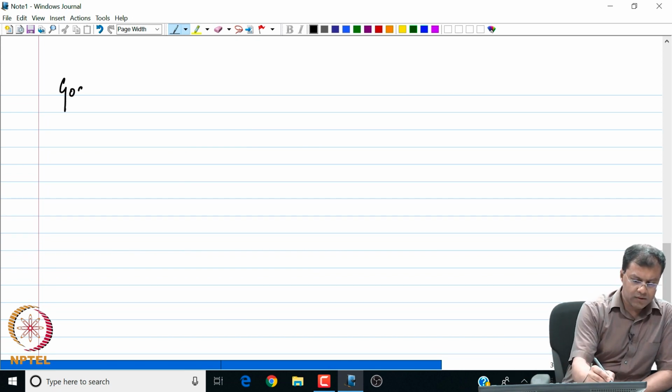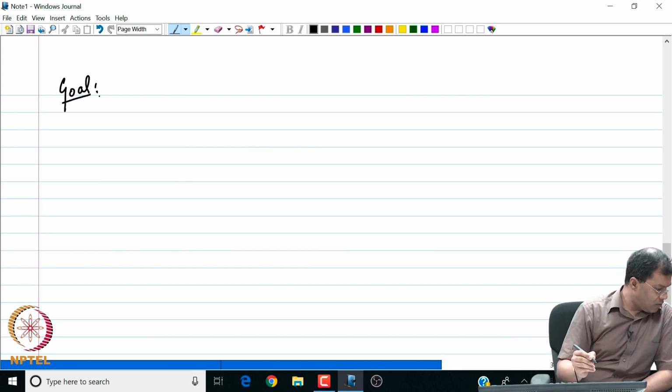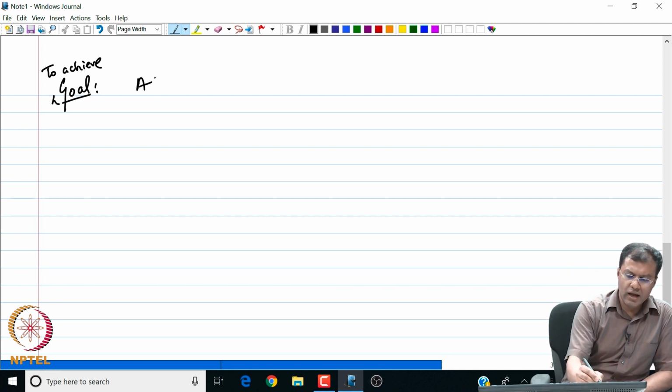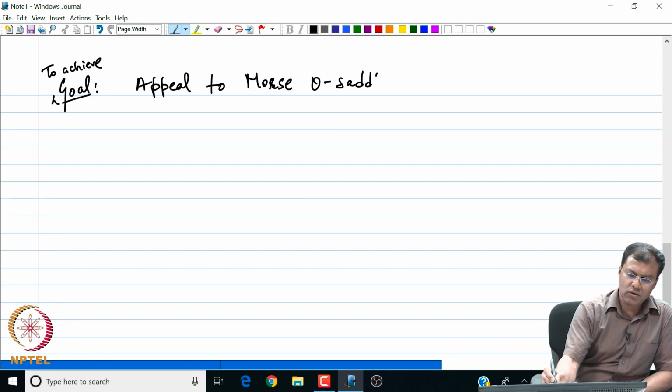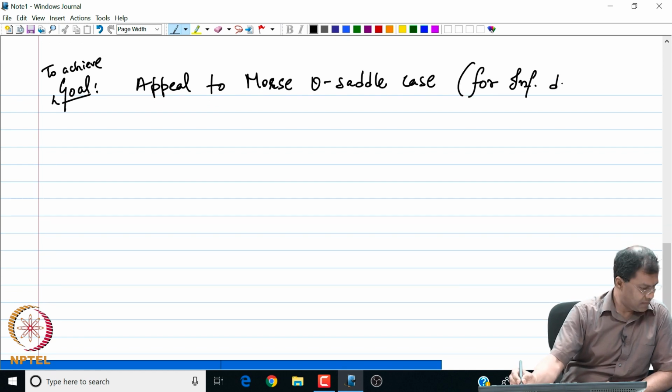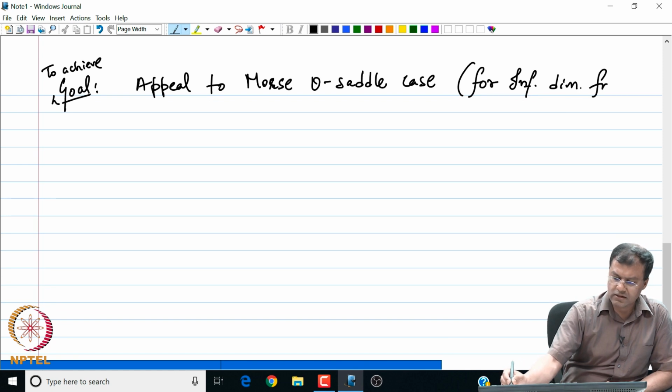To achieve our goal, we are going to appeal to the Morse zero saddle case, which is for the infinite dimensional function space.